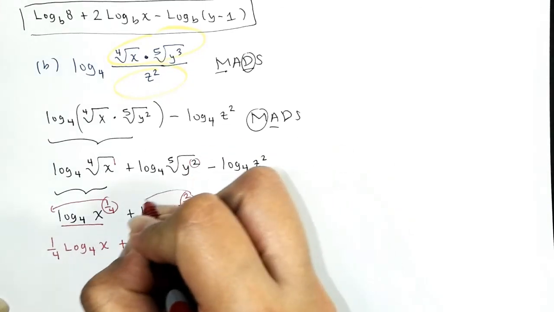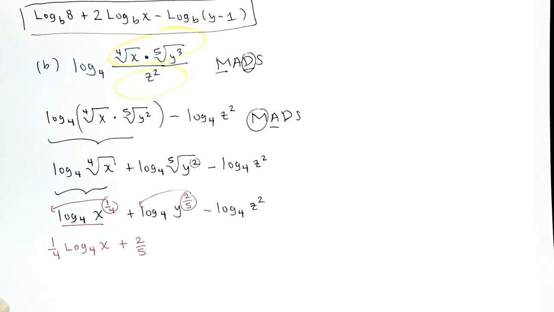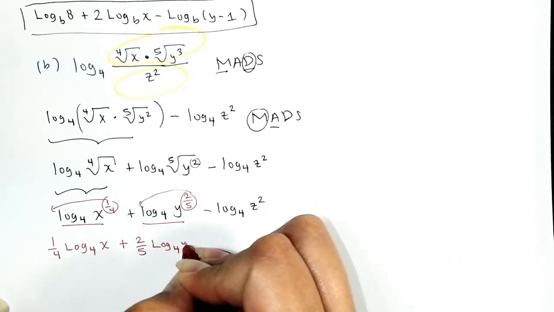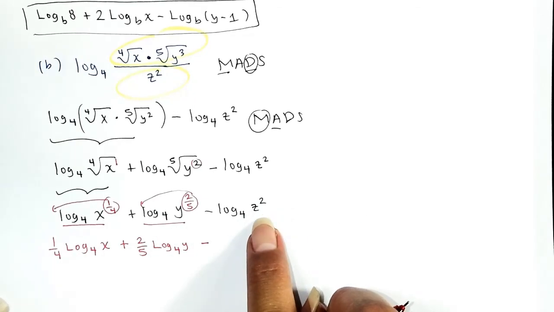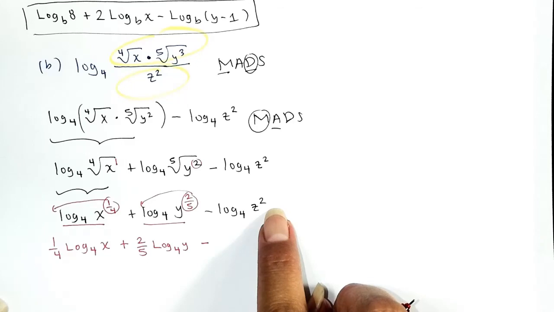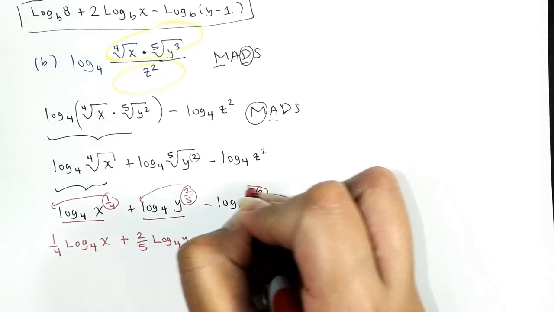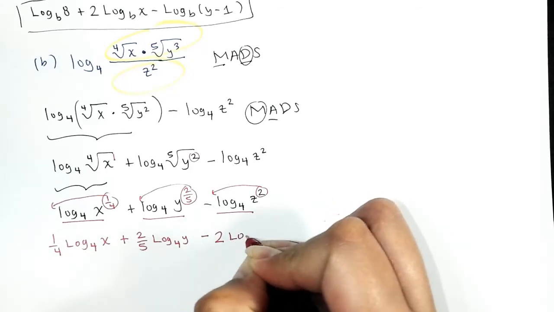That will leave us with 2/5 times the leftover log, so times log base 4 of y. Minus, you guessed it, we have another argument that's being raised to some power. So for the third and final time, let's use the power rule for logarithms to rewrite this. We bring down the exponent and then multiply it by the leftover logarithm.